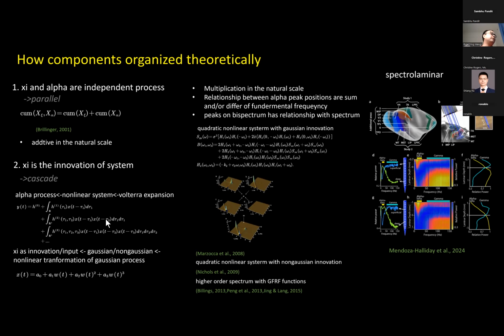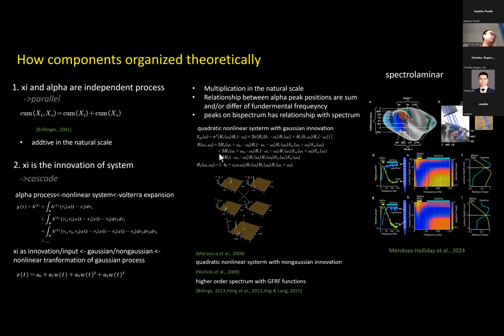This can be proved with this Volterra expansion. Also, with this expansion, you can know the relationship between the peaks are sum or difference of the fundamental frequency. And the peak on the bispectrum has a relationship with the spectrum.